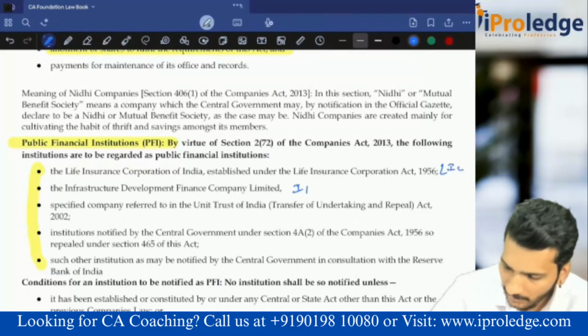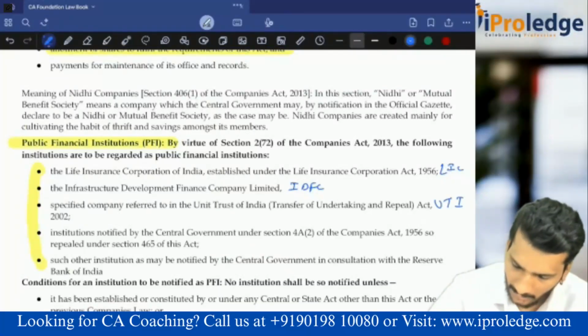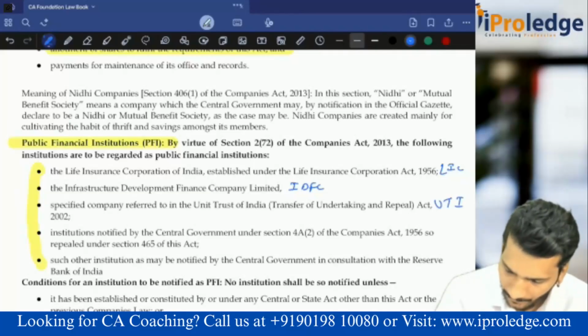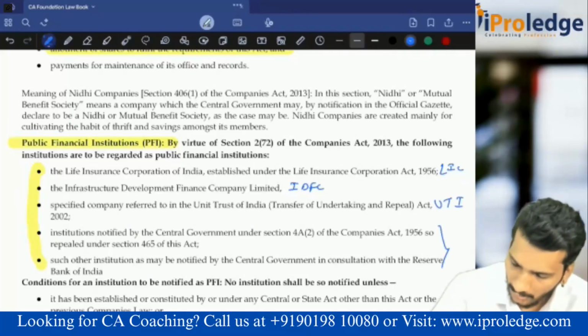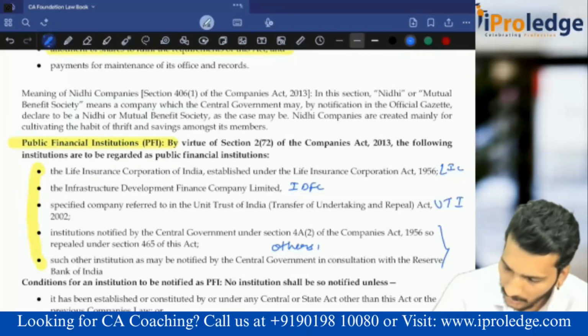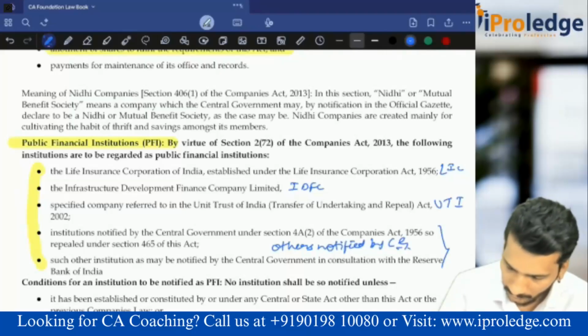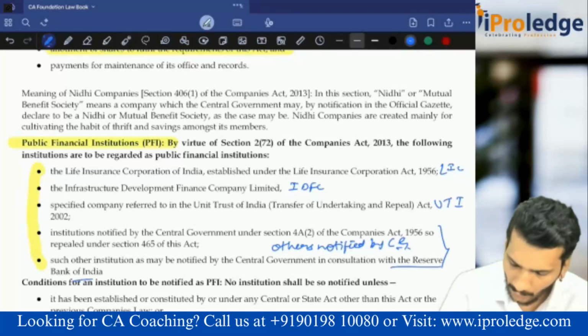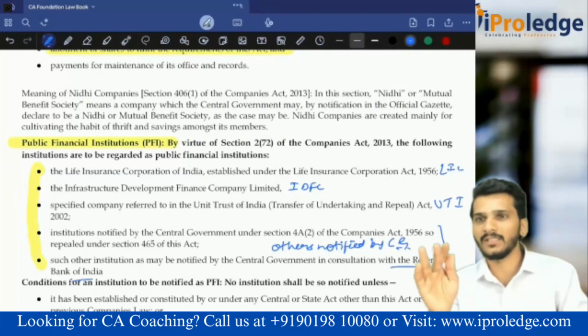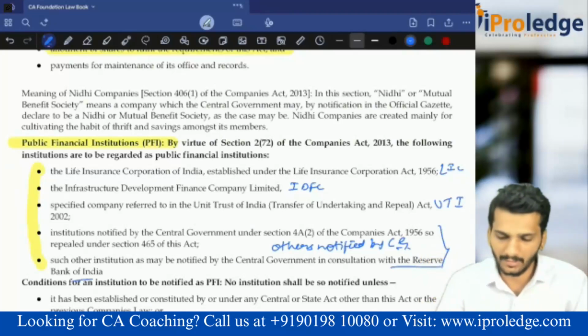IDFC, UTI, then others notified by the central government. Plus one is consultation of RBI, without consultation of RBI. These three things are called PFI. That's it. You remember that.